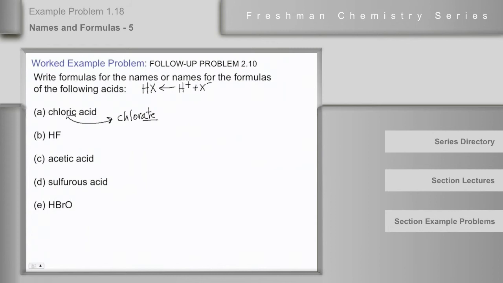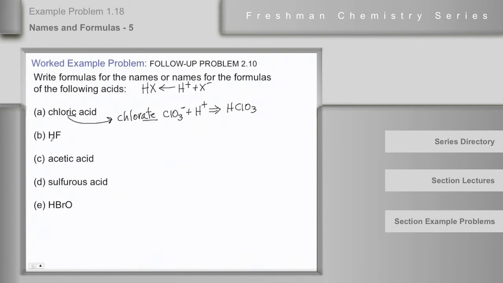So, chloric acid, the name chloric acid, means that it's derived from the chlorate anion, which is ClO3 minus. So we can think of chloric acid as being derived from ClO3 minus plus H plus, and so the formula would be HClO3 for chloric acid.